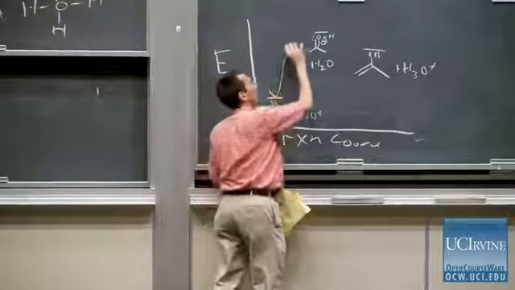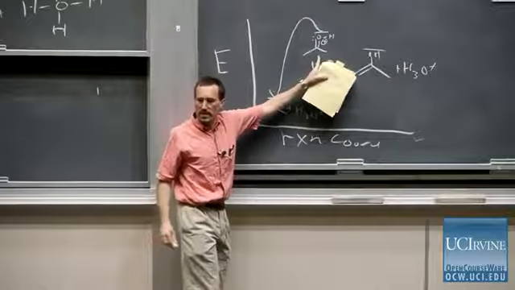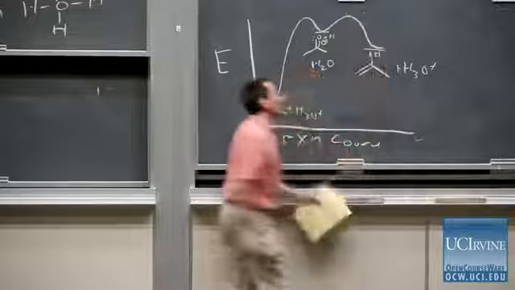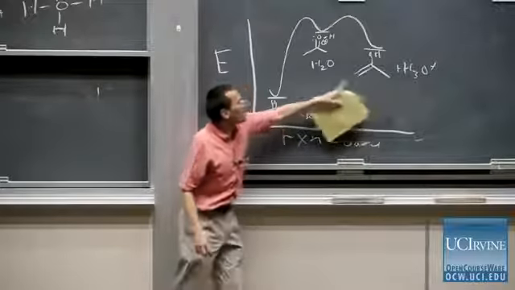What's happening in our mechanism is first we're going uphill to an intermediate, and then we're coming down to our product, to our enol, that's higher in energy.